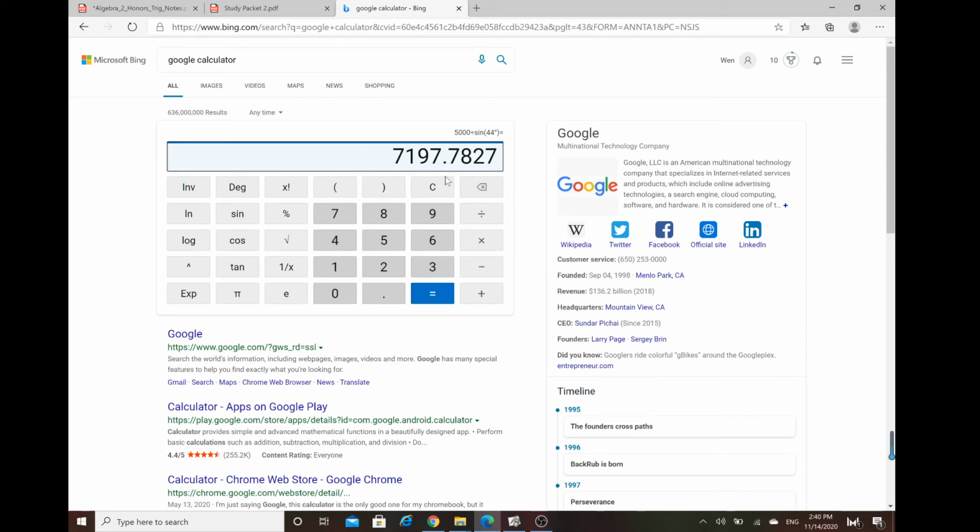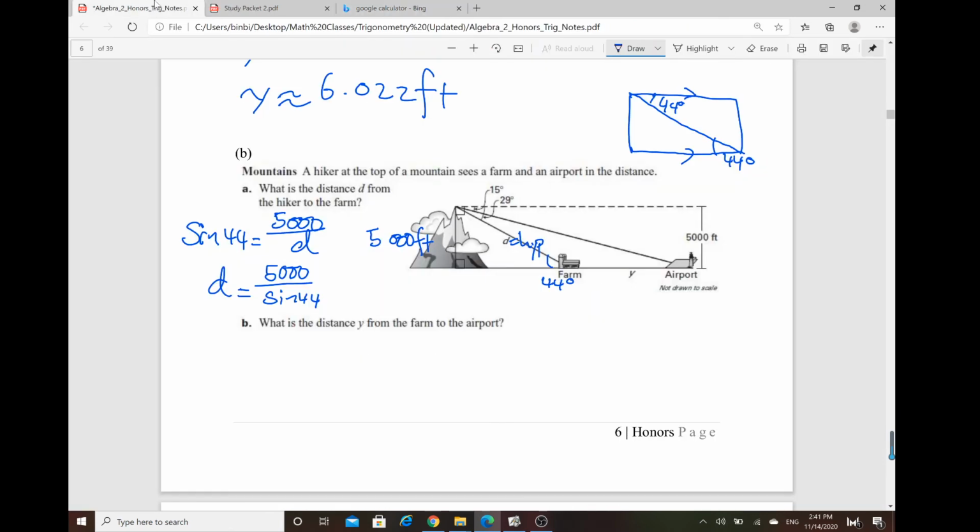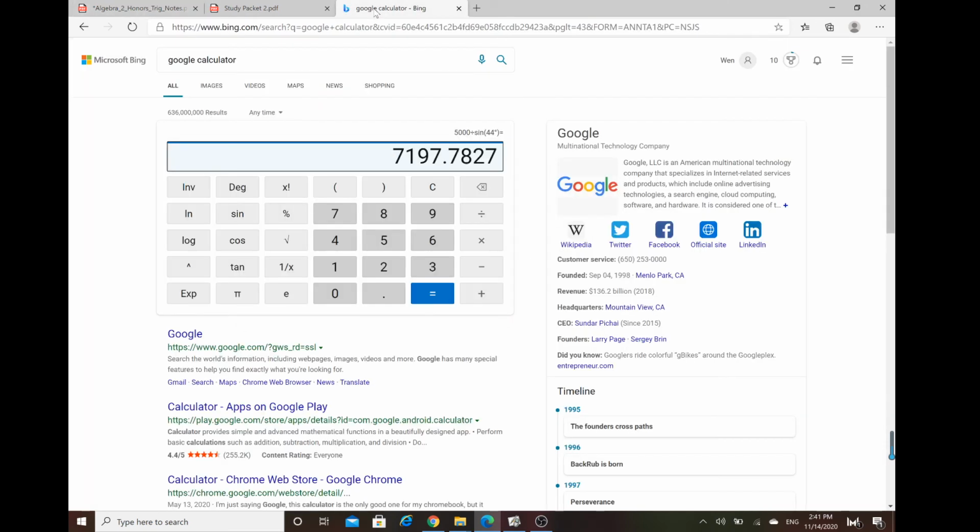If you want to be a little bit more precise, just round it to 2 or 3 decimal places, so 7197.78, or 7197.783. But according to the problem, the height is given as a whole number, so it's better to round it up to a whole number for this type of word problem. So 7198.